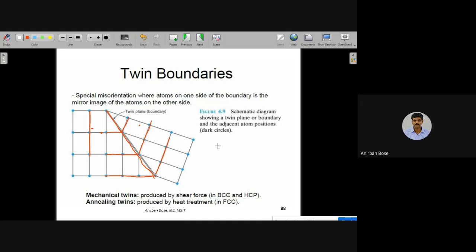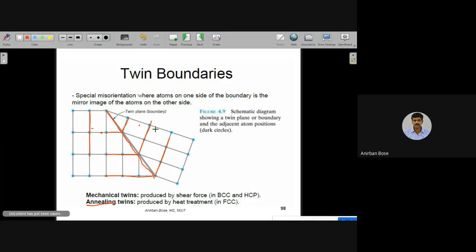You will observe this thing in different ways. This twin boundary is created either by mechanical force or by annealing. Annealing means if you do some kind of heat treatment, in that case also you will find this kind of orientation difference, such that it is basically a reflection of one part with respect to the other part.